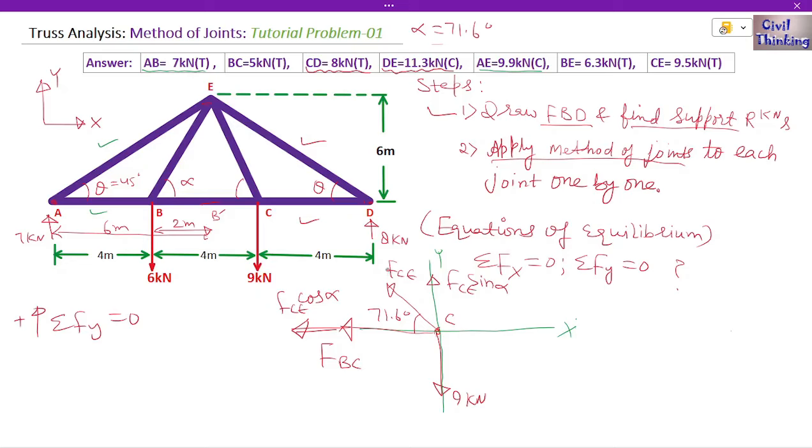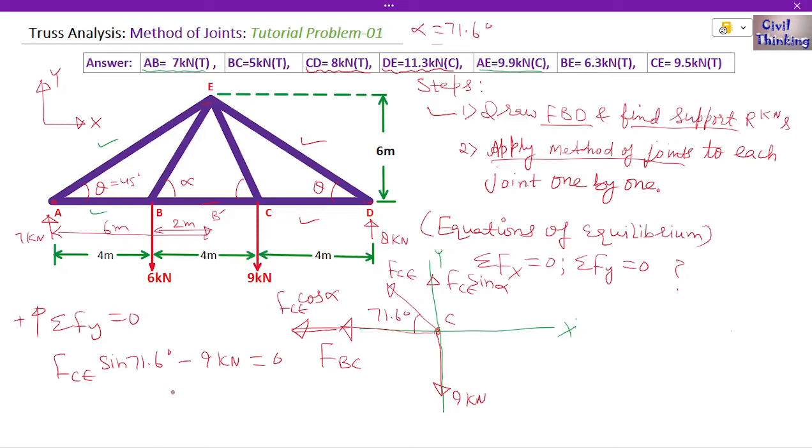Now we have resolved this FCE force, so we are good to apply this equation. FCE sine of alpha is upwards, so it is positive, with alpha 71.6 degrees. Then we have 9 kilonewton downwards, so it is negative 9 kilonewton. Do we have another force in the y direction? I think no, so I will equate it to 0.